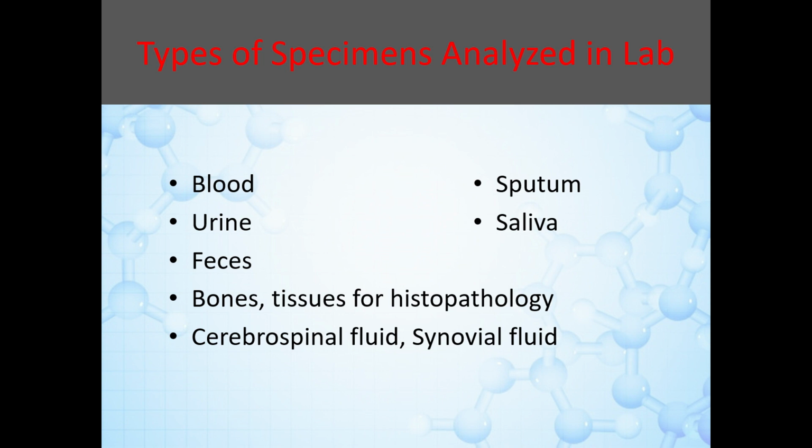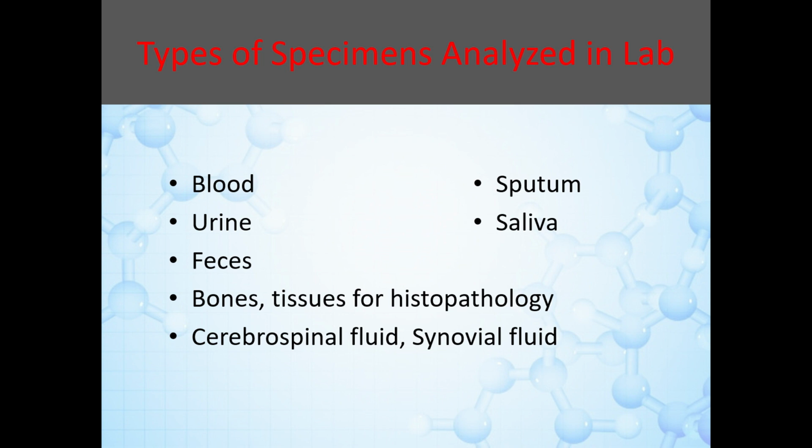We send feces for GI diseases. We send bone tissues for histopathology to diagnose whether a patient has some pathology, some cancers or some growth, tumors. For that we send bones or tissues for histopathology.